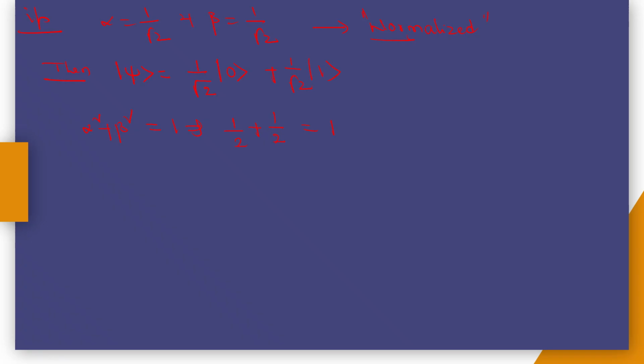That is 50% probability. This alpha square is nothing but the probability related to the state 0. Beta square is the probability related to the state 1.